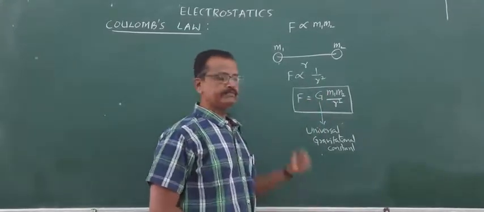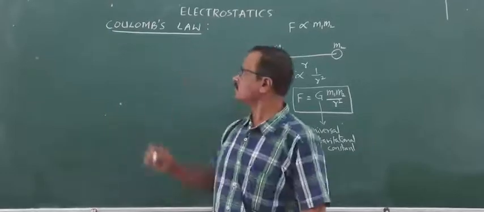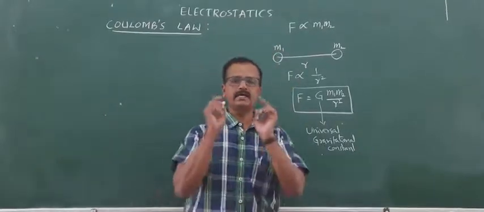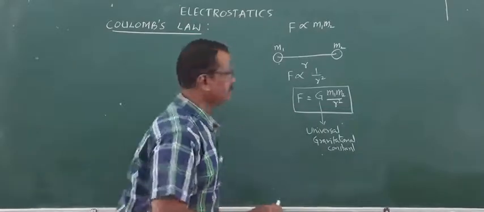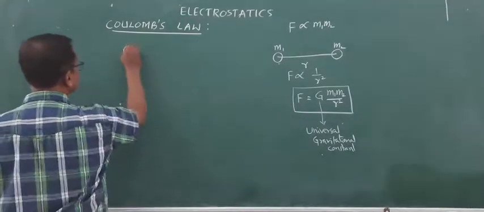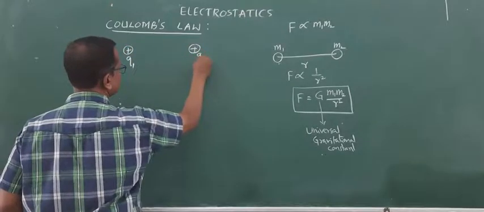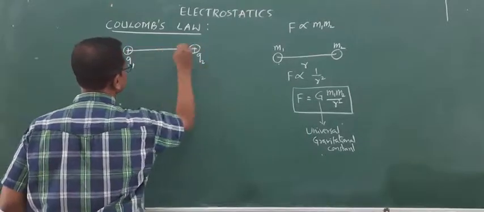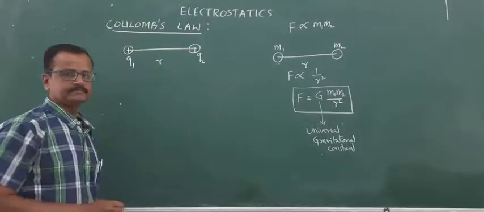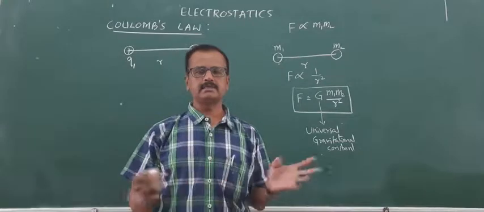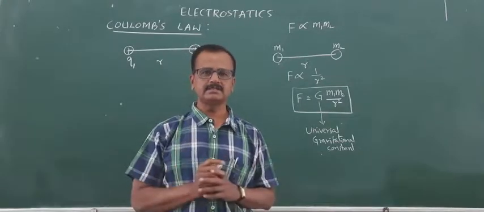On the same line, we are going to learn a very important law which governs the electrostatic interaction between two charges. Let us say there are two charges, plus q1 and plus q2, separated by some distance r. Then we know that these two, being like charges, will have a force of repulsion between them.